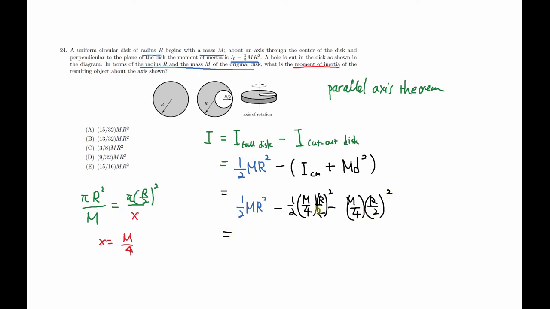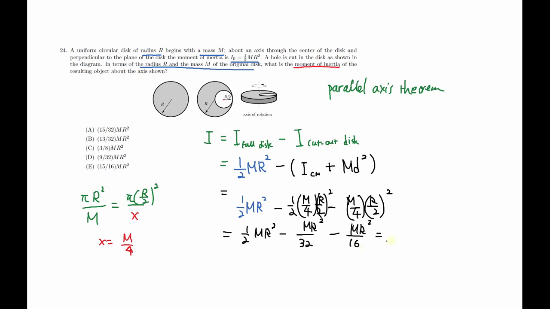And as you simplify our expression, you get 1/2 mr squared minus 2 times 4. Now watch out, you have a squared for our r over 2, so you get 4 on the bottom. So 4 times 4, 16 times 2, you get 32. And on the top you get mr squared. Over here we have 4 on the bottom times 4, you get 16, and then you get mr squared again.